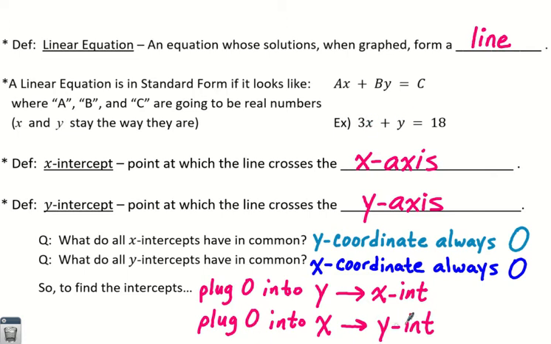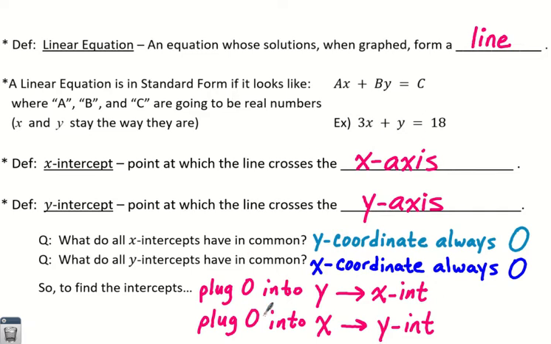Likewise, if I wanted the y-intercept, now listen to this. What you might think to do first is turn this form into y equals mx plus b form, because the b in y equals mx plus b is your y-intercept.